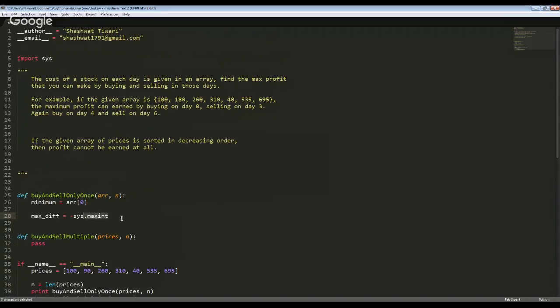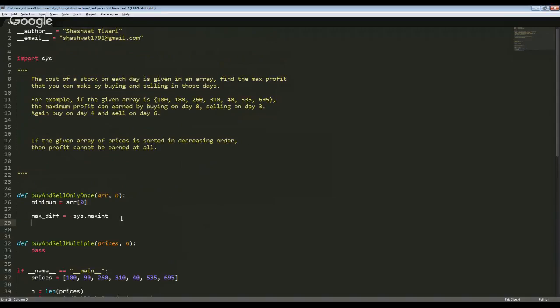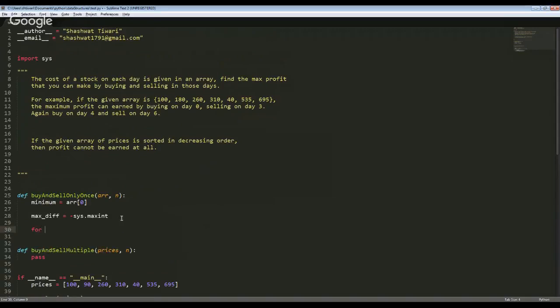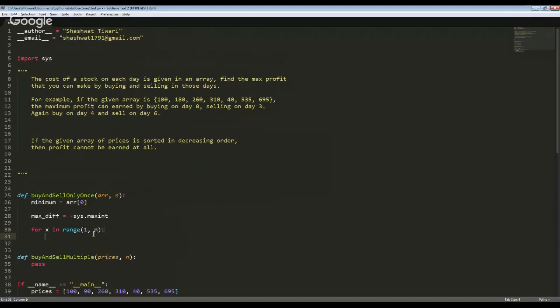So we are just storing the minimum possible integer value in max diff for now, and then we loop for x in range 1, so it will be traversing the array from day 1, since we have assumed that day 0 is the minimum, right? We'll have n, which is the length of the array, right?